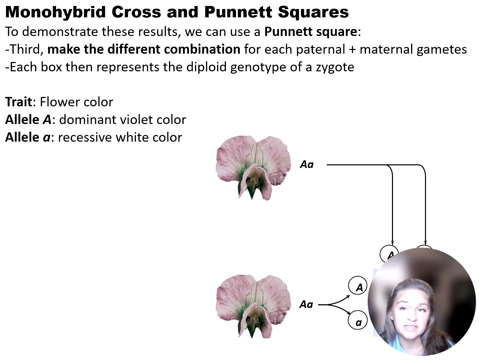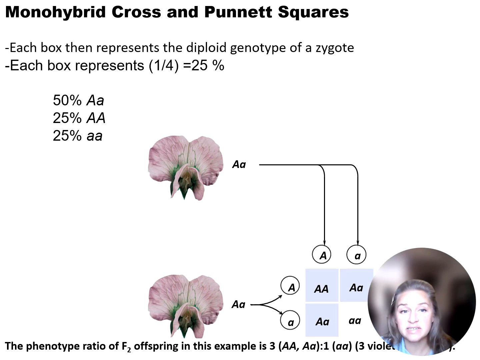So it would be 75% expressing the dominant trait and 25% the recessive. So 50% heterozygous, 25% homozygous dominant, and 25% homozygous recessive. So this is that 3-to-1 ratio that Mendel observed when he was looking at all of the different traits.